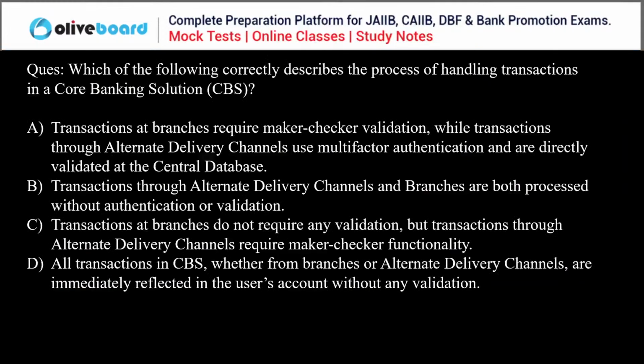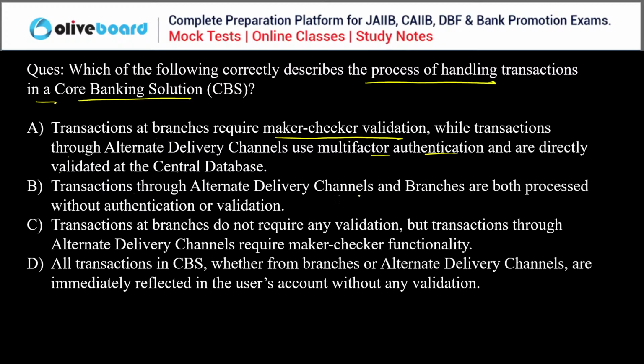Okay. Next. Which of the following correctly describes the process of handling transactions in a core banking solution? A: Transactions at the branches require maker-checker validation, while transactions through alternate delivery channels use multi-factor authentication and are directly validated at the central database.